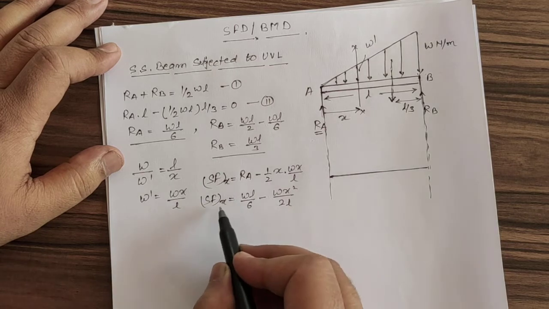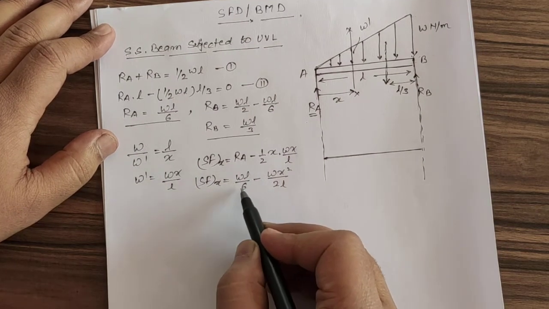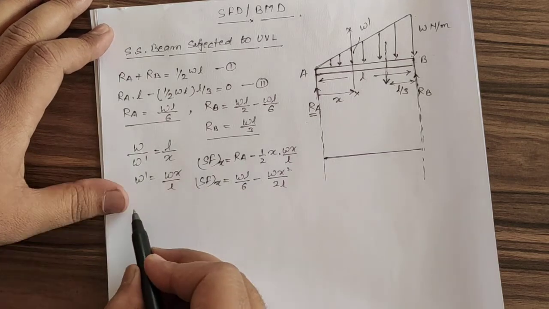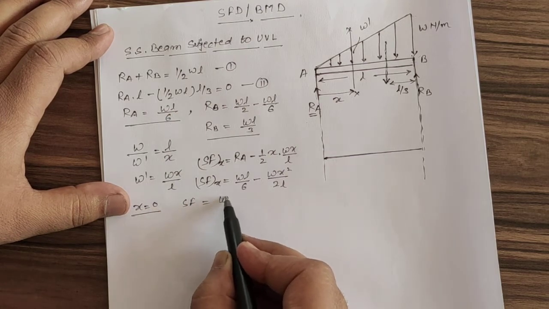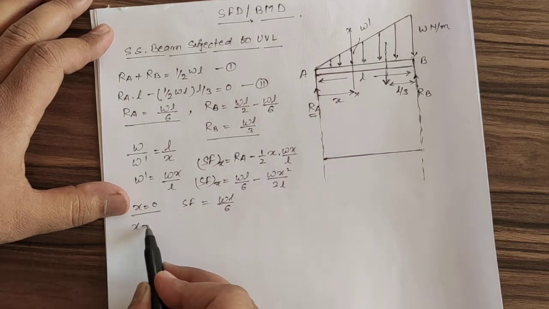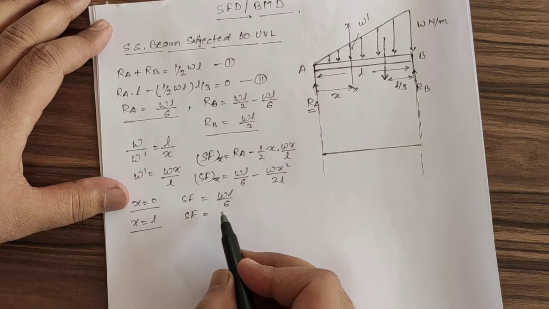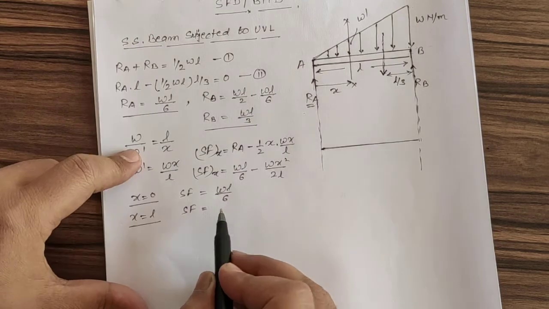Okay. When x equals to 0, shear force is W L by 6. When x equals to L, we have to calculate shear force at each and every point. Okay.